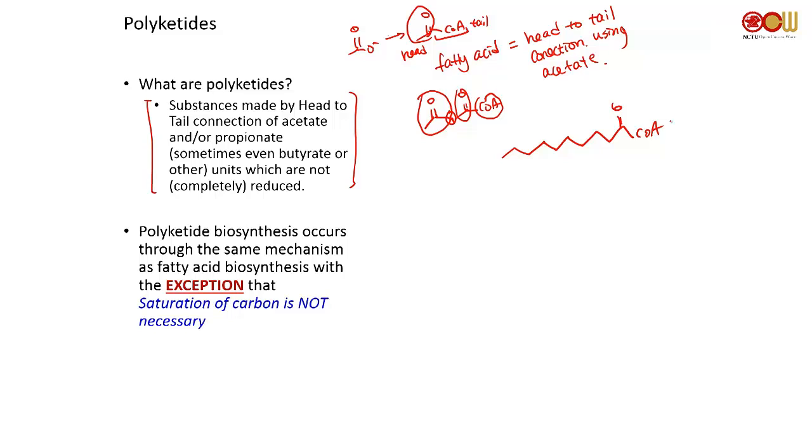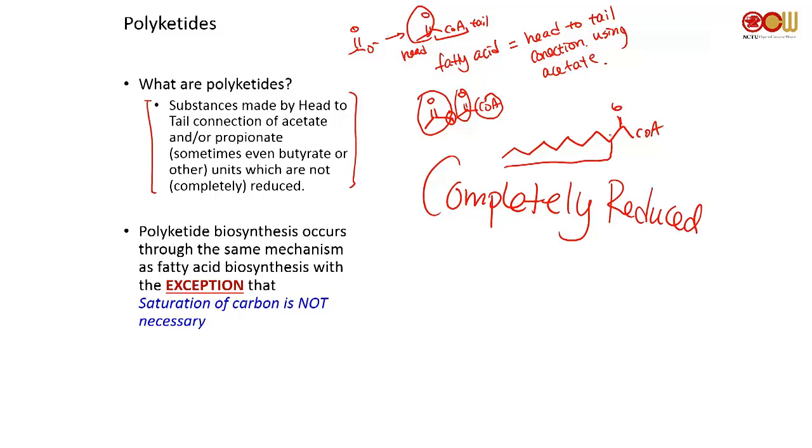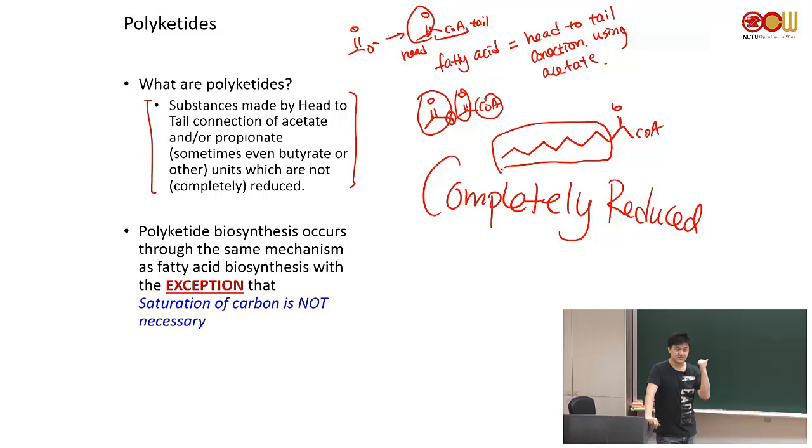Okay, 这是 fatty acid. 然后 one last thing, fatty acid 呢是 completely reduced. Basically, look at the carbon chain. It's completely reduced. Okay, polyketides does not have to be. That's the special thing about polyketides. You can stop at keto, you can stop at hydroxyl, you can stop at alkene, or you can go to alkane.